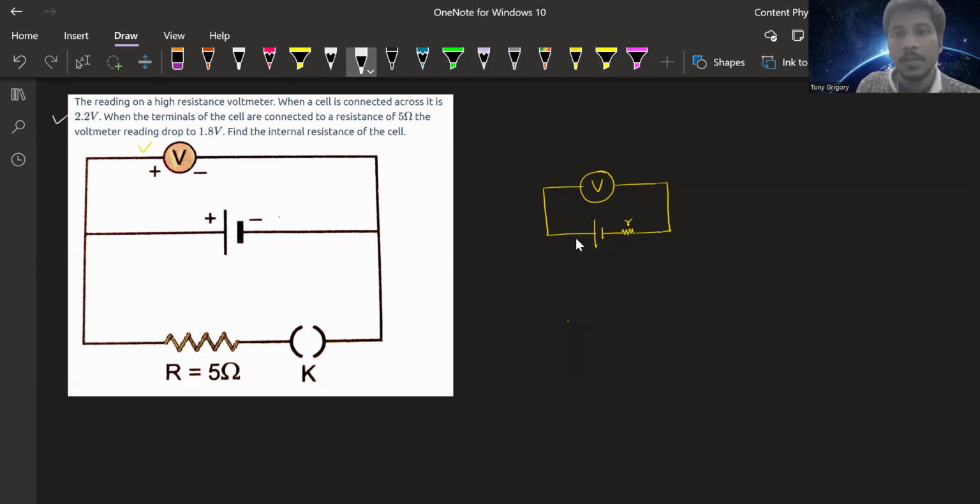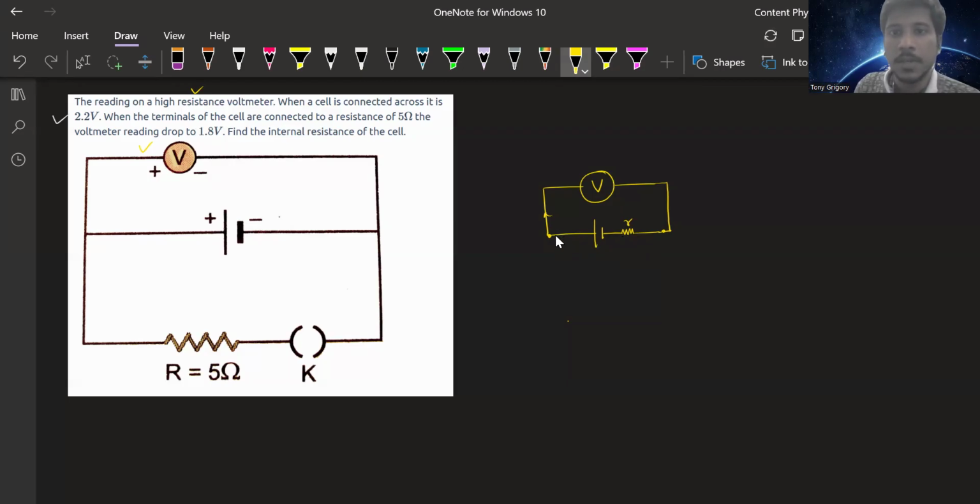So in this case, we can assume the current flowing through this voltmeter when this cell is connected across this voltmeter is very negligible because the voltmeter is having extremely high resistance according to the question. So whatever reading this voltmeter is showing, we can take it to be the EMF of the cell, because EMF is defined as the potential difference across the cell when no current is drawn from it.